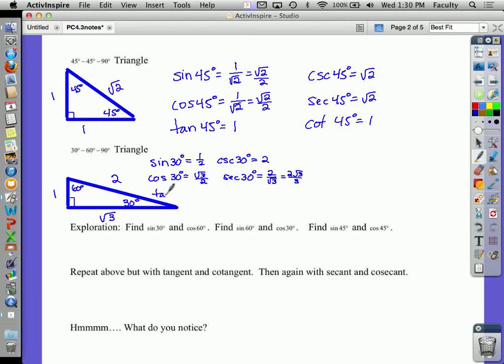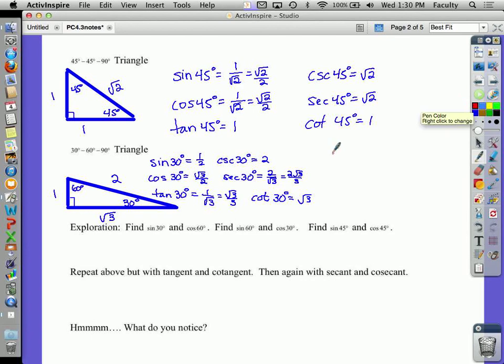Tangent 30 would be 1 over radical 3, which is radical 3 over 3. The reason I wrote it first as 1 over radical 3, even though I know how to rationalize that mentally, is I knew it would help me when I did my reciprocal. Okay?